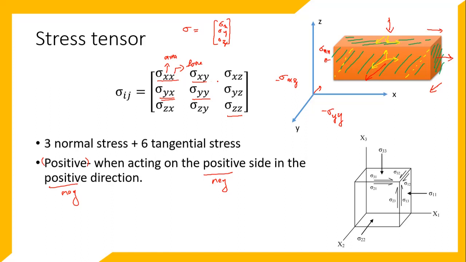We have two different indices, where the first index effectively tells us on which area the force is applied, whether it is on the plus x area or plus y area, and the second index tells us in which direction it is applied.